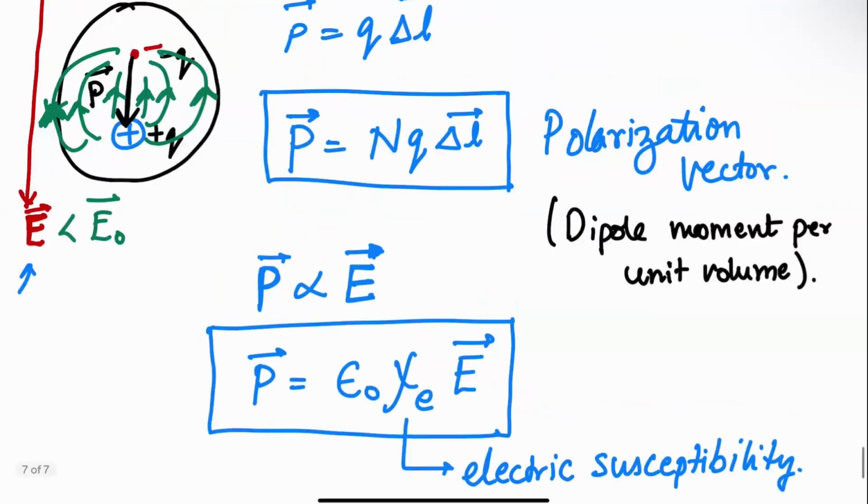Okay, this is, let's say, the number of atoms or units per unit volume.